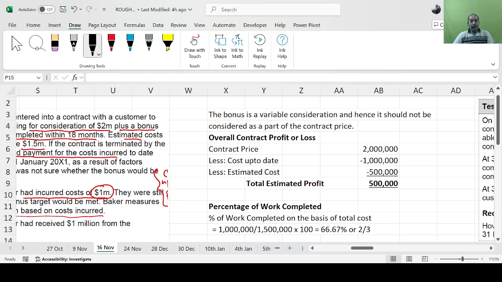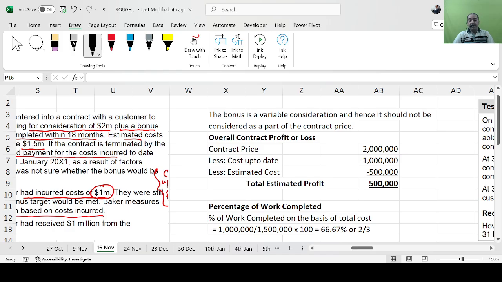And the bonus was receivable only if the project could be completed within 18 months. That means it cannot be completed within 18 months. Now, we start the answer by saying the bonus is a variable consideration and hence it should not be considered as a part of the contract price.